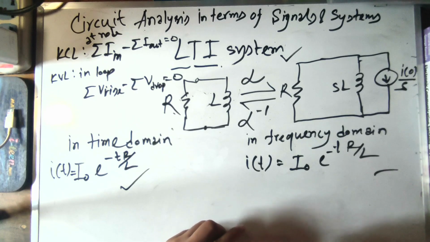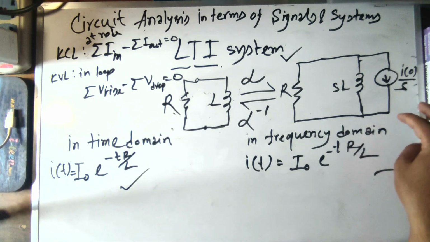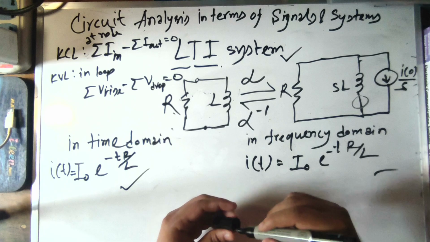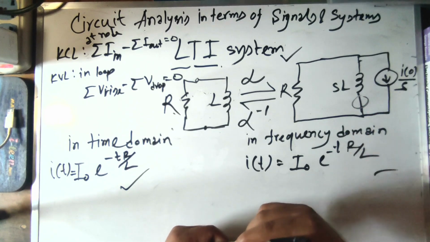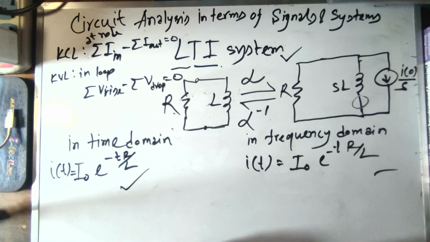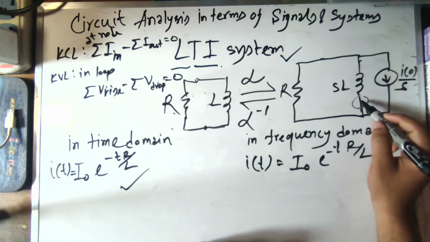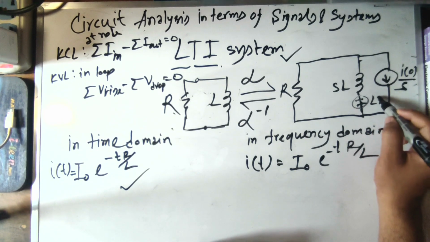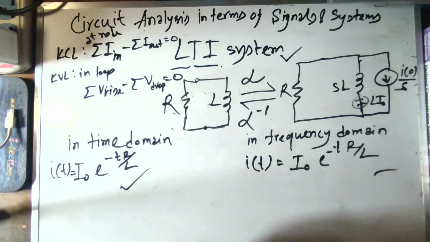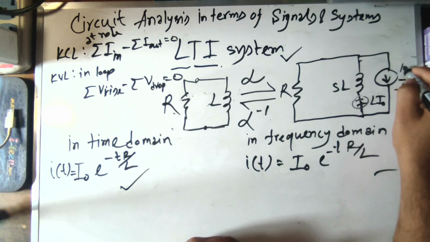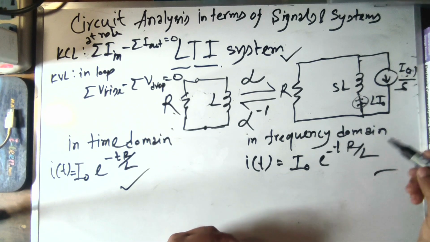Now by the Laplace transform we get this transformed circuit. We use the voltage source analogy, not the current source analogy. The voltage source analogy gives minus plus L I0, and this is I0.